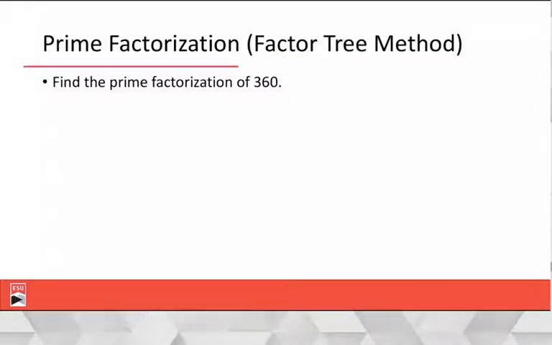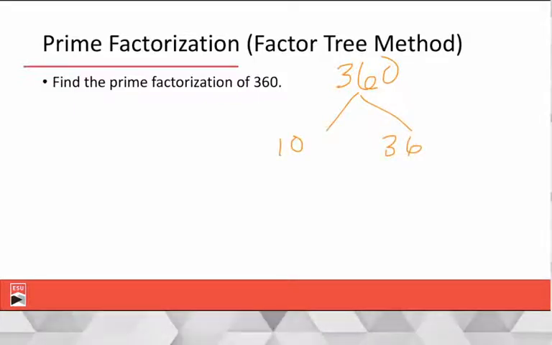And now we also have what's called the factor tree method. This is just another way to keep track of our work. We could still say break it down into 10 and 36. Well, 10 is 2 times 5, and 36 we said was 6 times 6. 6 was 2 and 3, 6 was 2 and 3.